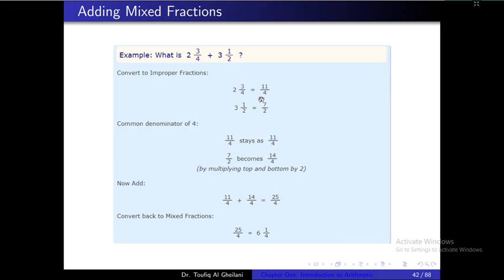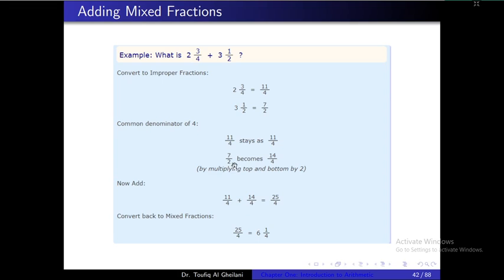So now I replace 2 and 3 over 4 by 11 over 4, plus, and I replace 3 and a half by 7 over 2. But 7 over 2 I can rewrite to make the same denominator.